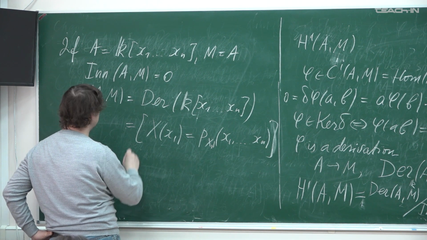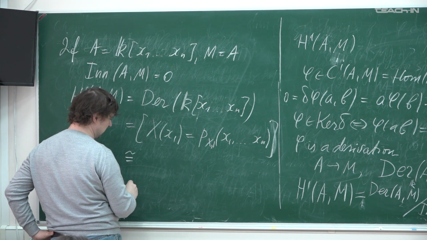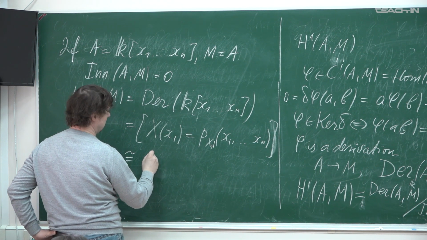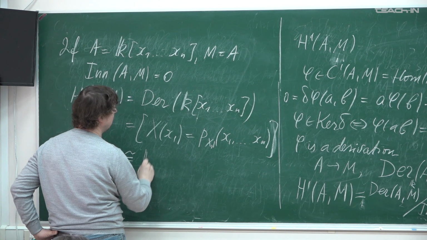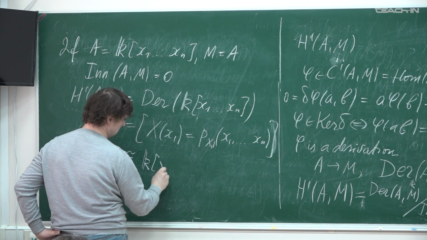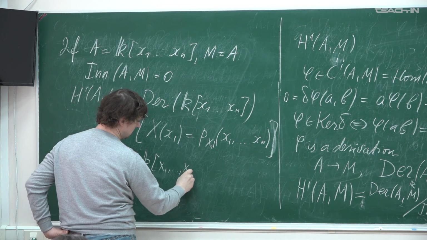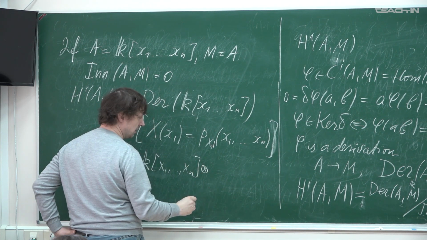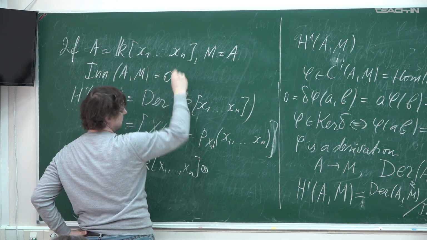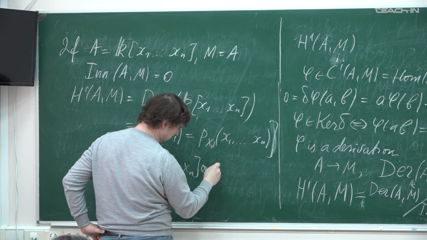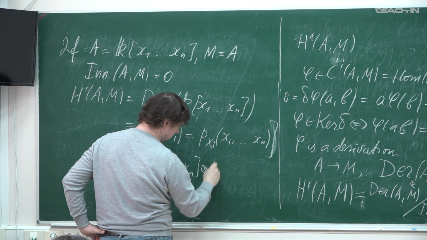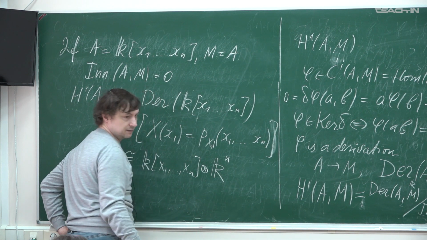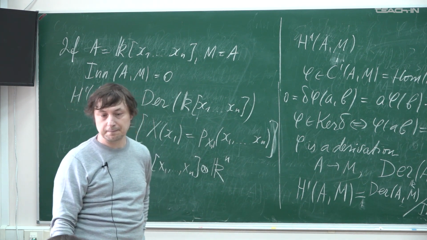And we conclude that this space is isomorphic to the tensor product of the algebra of polynomials with the space of variables. How do you denote it? Maybe just K^n. Okay?